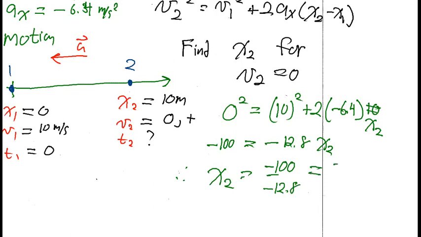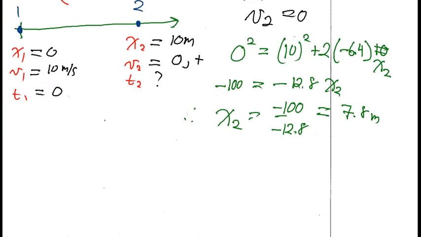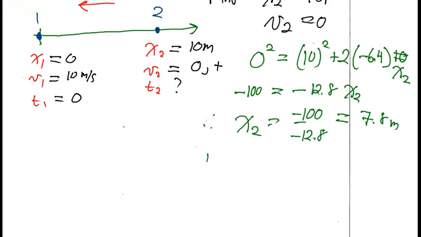And that number is definitely less than 10 meters. 100 divided by 12.8 is actually 7.8 meters. So it appears like this car does not make it through the sand pit. The pushing force was not enough to give it the acceleration that was needed to make it through this sand pit. It actually came to rest at 7.8 meters from the origin.